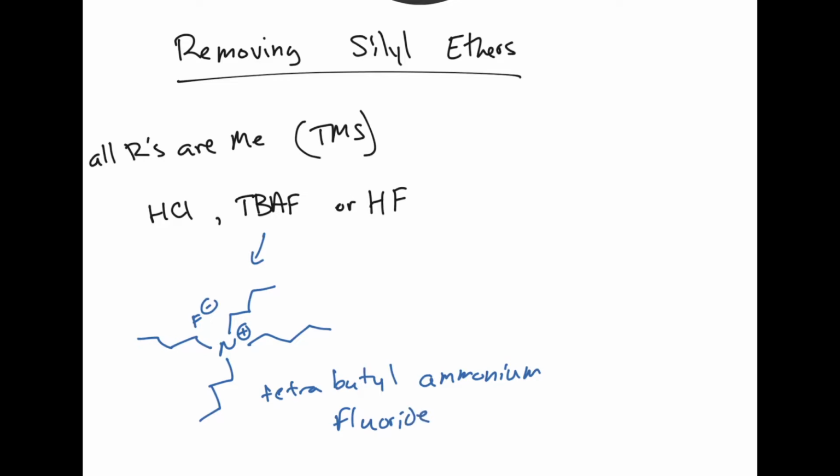Right. So for the most part, the way we end up removing silyl groups is we add fluorine. We add F minus. Right. Because TMS groups are so easy to get off, we can use acid to remove TMS groups, but anything that has more than just hydrogen, so TES and up, HCl doesn't work anymore.